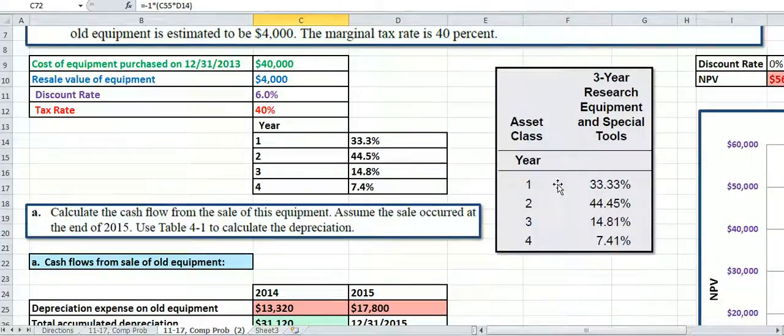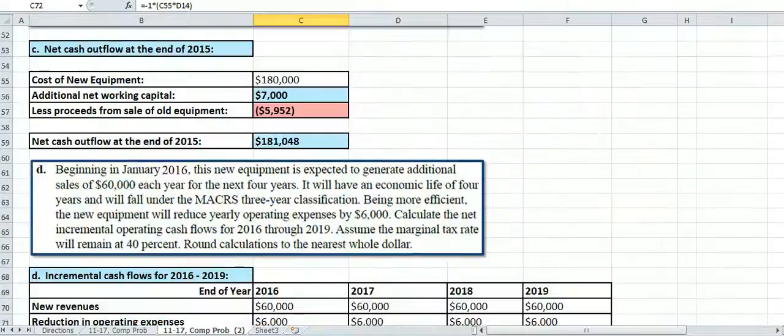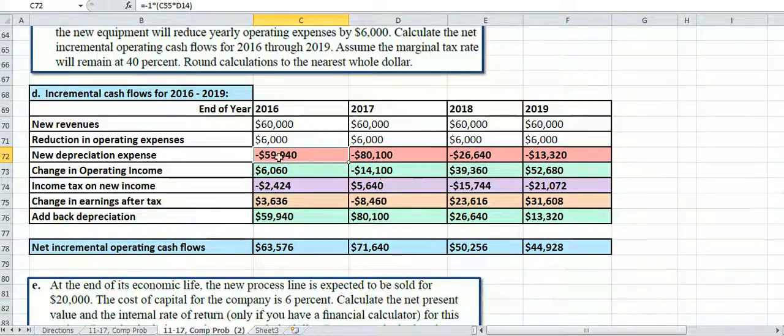That's actually back in chapter 4, I believe, but I put that in there. So that is what we subtract out, because that's going to be like a loss. It's going to be an expense.